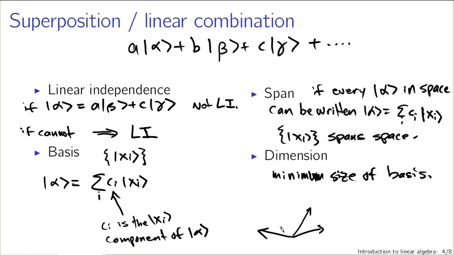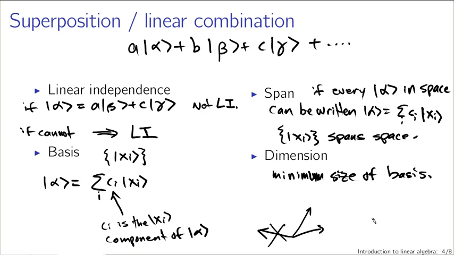Any of these vectors can be constructed by a superposition, by a linear combination of the other 2. And I have 3 vectors, so you would think I have a 3-dimensional space, but it's not the minimum size of the basis. I could say, drop this vector, just work with these 2, and still have a set of vectors that I could use to express any vector that lies in the plane of the monitor.